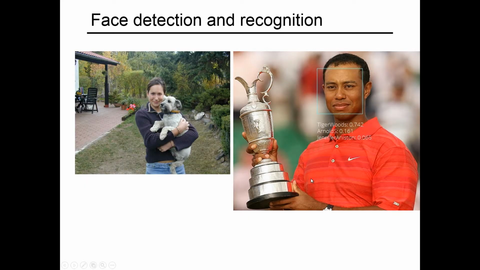So as I said, this sliding windows approach was popular from the mid-1990s all the way until even now. You can say it's possibly used, for example, in algorithms like YOLO, even though you don't scan exhaustively.